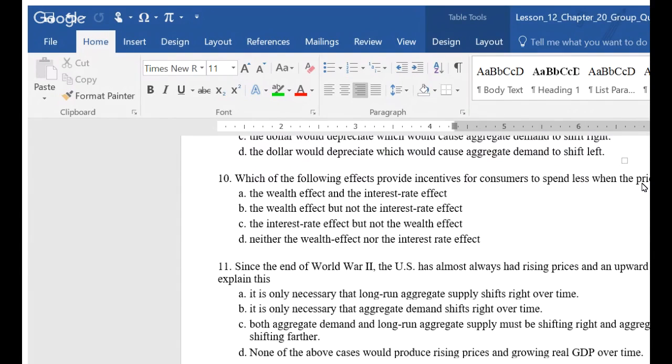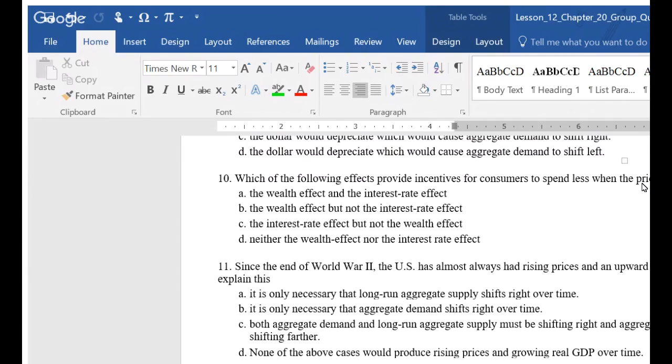I'm trying to find where wealth effect or interest rate effect is. Oh, here we go. All right, so it's definitely the wealth effect.